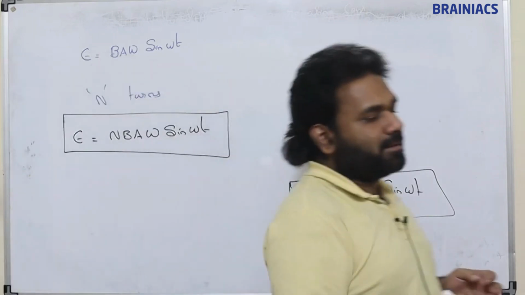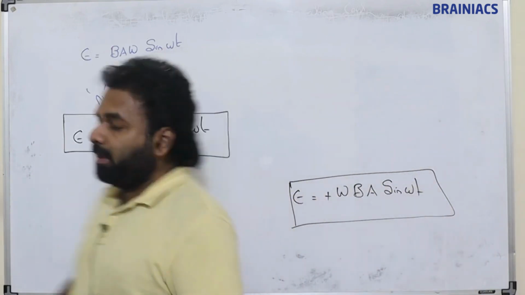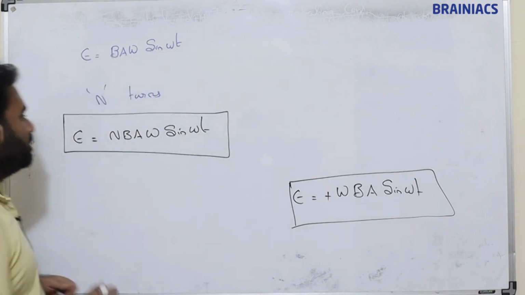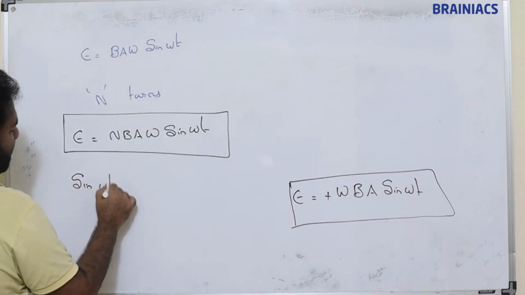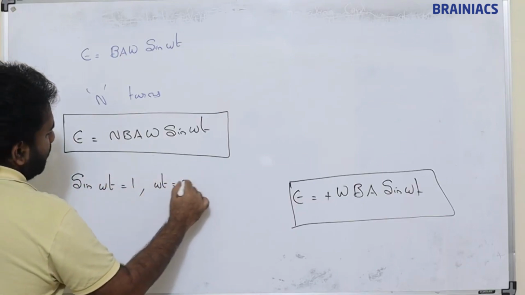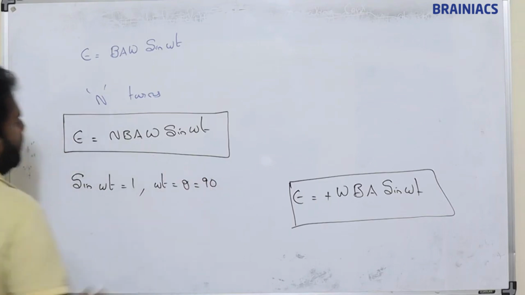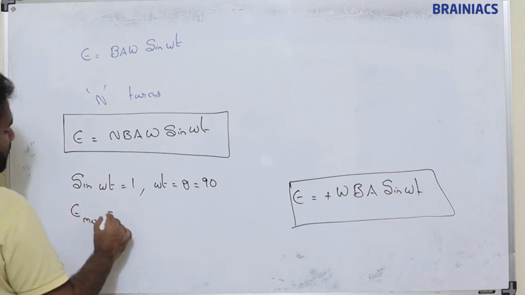And when will we get the maximum value of induced EMF? When sin omega t is equal to 1, that is, omega t, or theta, is equal to 90 degrees. Whatever we get at that time is the maximum induced EMF.